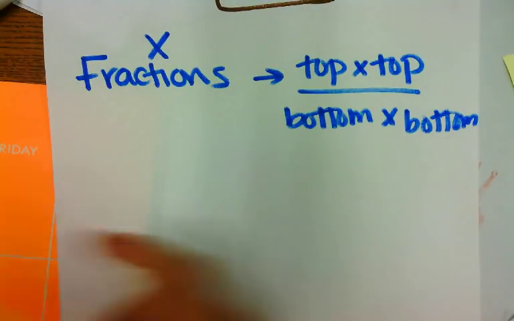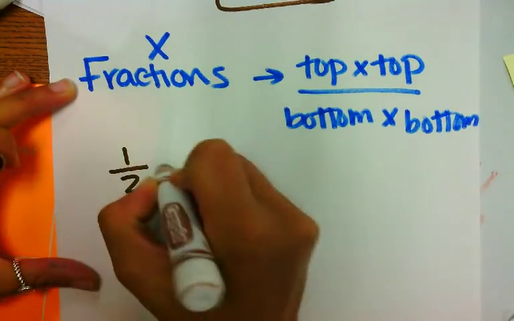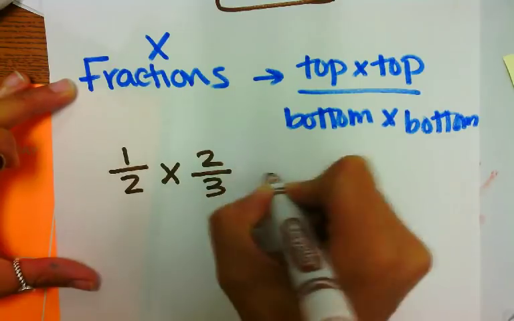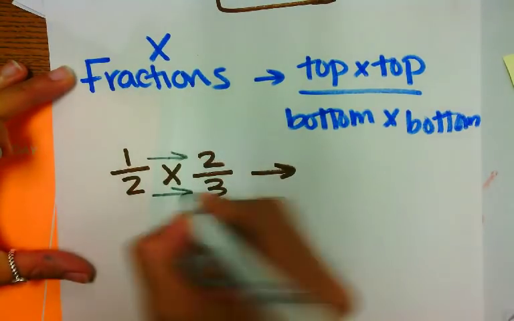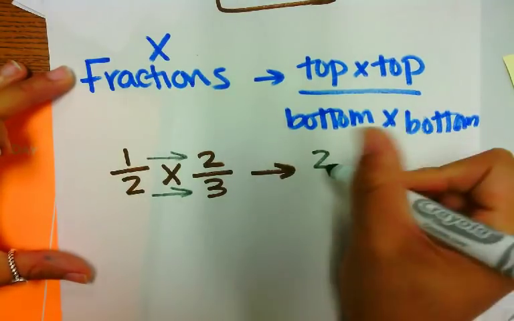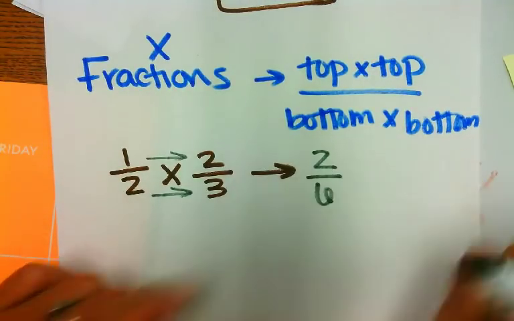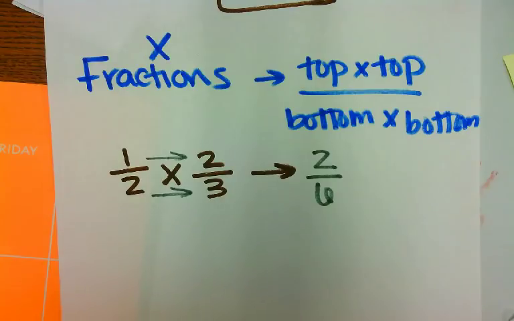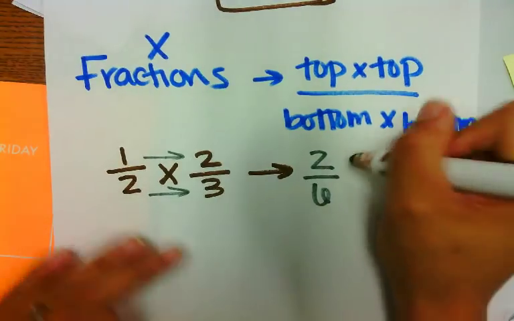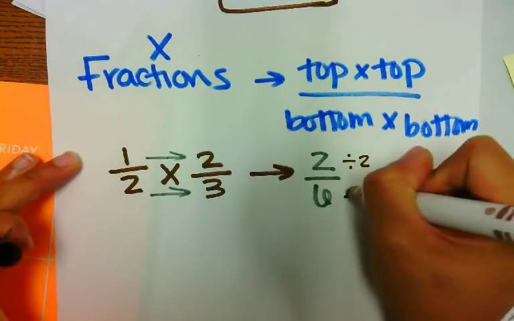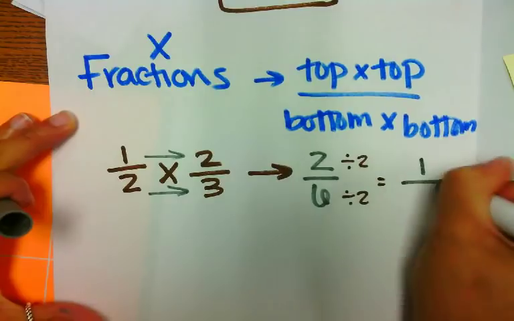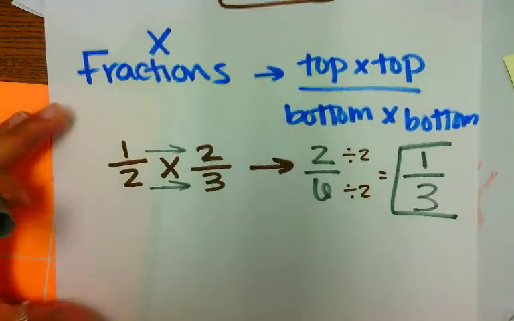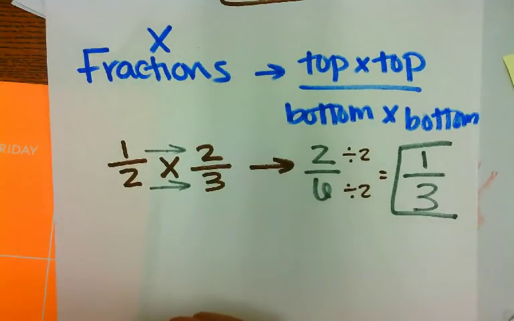So, for example, if I have 1/2 times 2/3, well, we are just going to multiply across. 1 times 2 is 2, and 2 times 3 is 6. From here, you have to simplify, okay? Make sure you simplify. So, I can divide both of these by 2. So my final answer is going to be 1/3. Okay? And that's all you need to know for multiplying fractions.